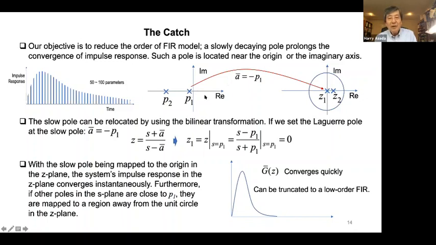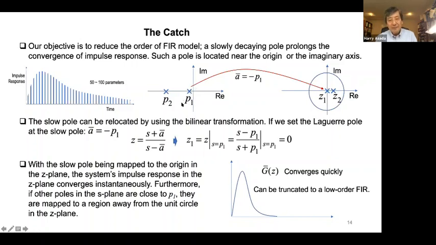Remember that if you have a pole which is very close to the imaginary axis, it is decaying very slowly, right? And the pole which is closest to the imaginary axis is called the what? Dominant pole. Perhaps you remember that from earlier courses. So the slowest poles are really the bottleneck to reduce the order of the FIR model.